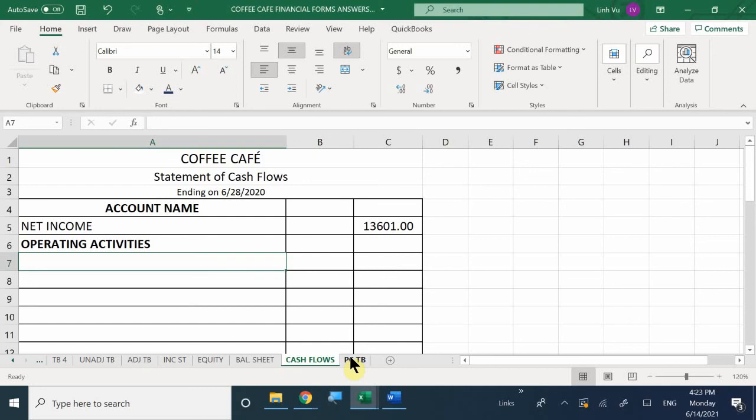But at the same time, we also need to look at our non-cash transactions, which exist on your balance sheet, but you're more likely to find all the details in your adjusted trial balance. So as I mentioned before, it's a mix between those two worksheets.